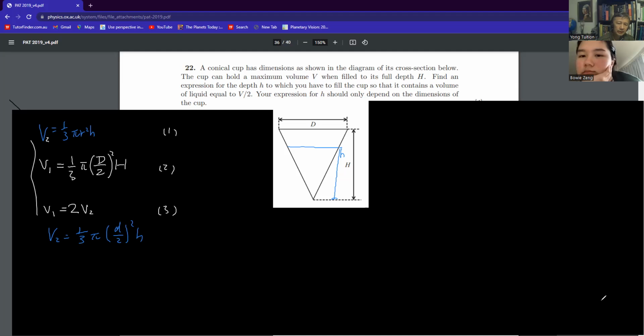What is your small d? The diameter here at that level, the water level? All right, you can use your notation, Dermot.